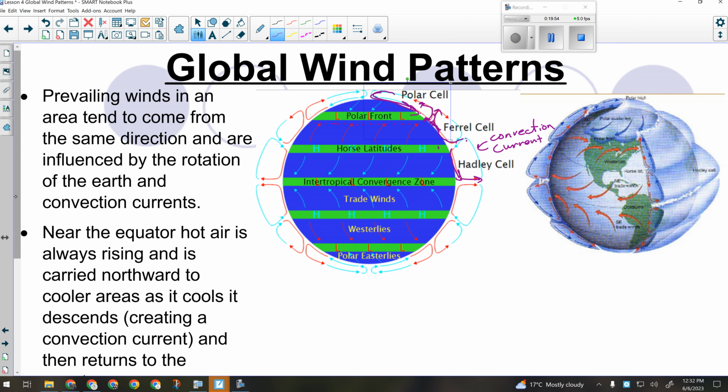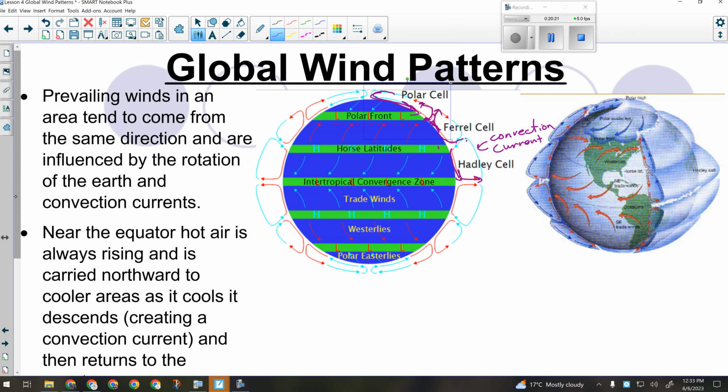So we've got these convection currents going on, but the whole time that this vertical movement of air is going on, what's the Earth doing underneath? Spinning. Not that any of you would do this because it's not safe, but if you stick your head out the window of a moving car, even if it's not windy, does it feel windy?